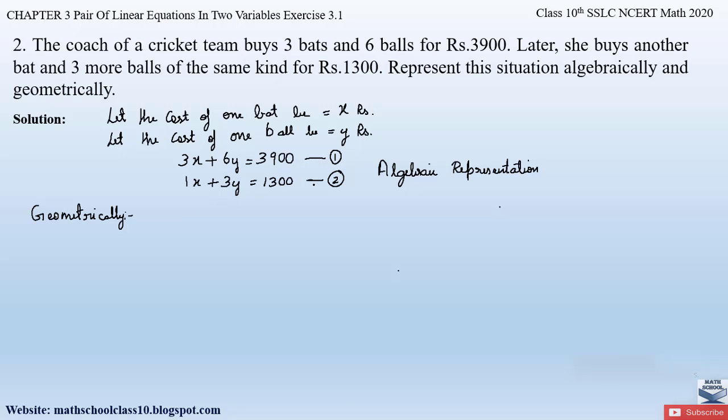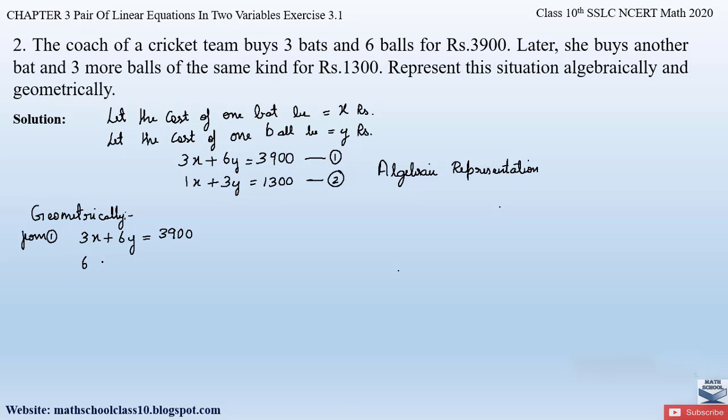We will take each of these equations and substitute either the X or Y value and find out the other value. So geometrically, from equation 1, we have 3x plus 6y is equal to 3,900. Let us find the y equation here.